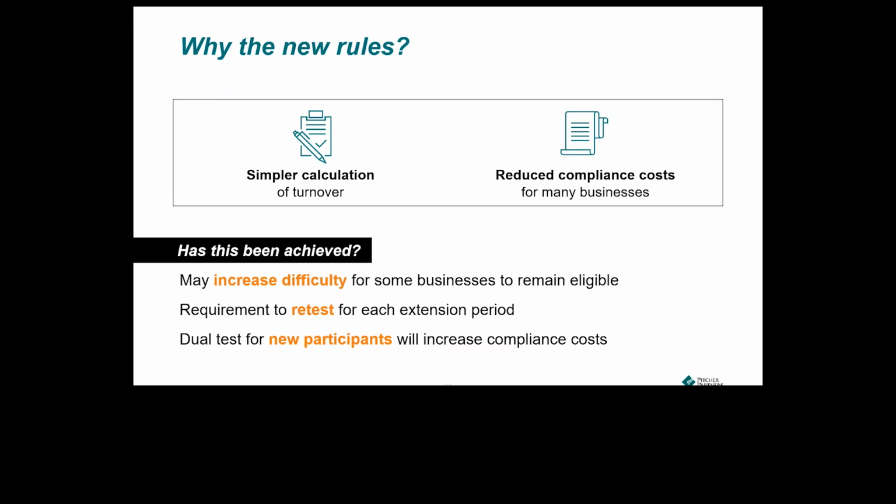So there is some sort of increased complexity, if you like, around the testing, both for JobKeeper 2.0 being for the multiple periods and also for the 10% decline in turnover certificates. If you will need those, you've got 3 potential testing points and periods that will need to be conducted in order to obtain a 10% decline in turnover certificate right through until the 28th of March. So that really could result in an increase in compliance costs for a number of employers.